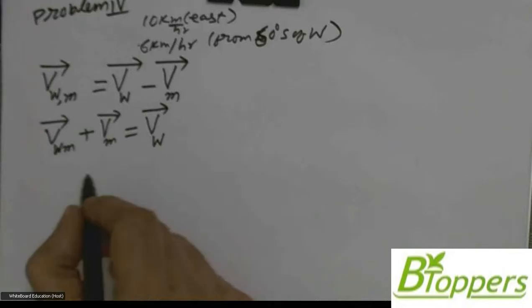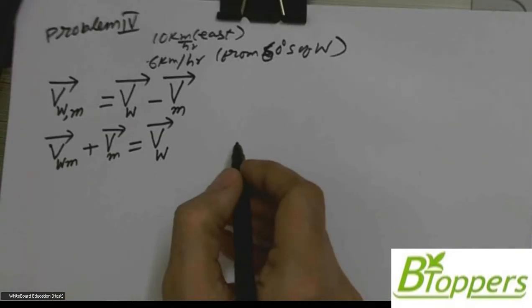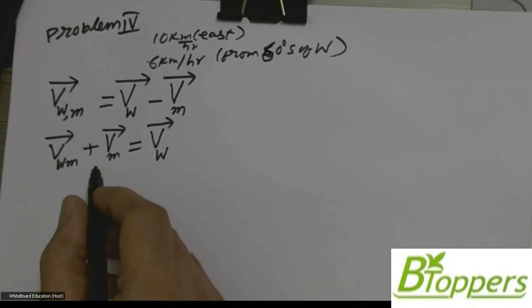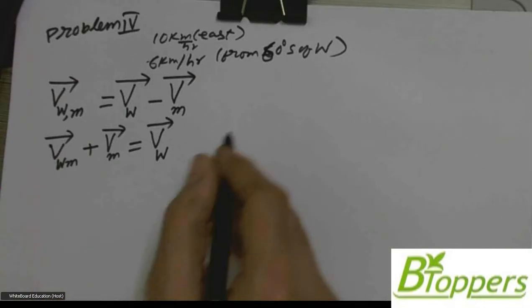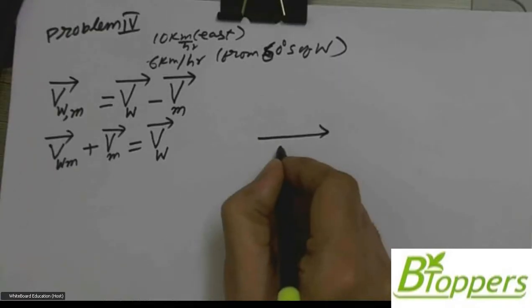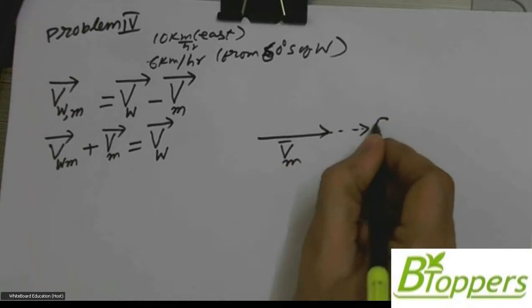So you can try to represent the two vectors V bar Wm and Vm bar graphically by the adjacent sides of a parallelogram, such that the tail of one vector is attached to the tail of the other vector. So the velocity of the man is directed towards east.